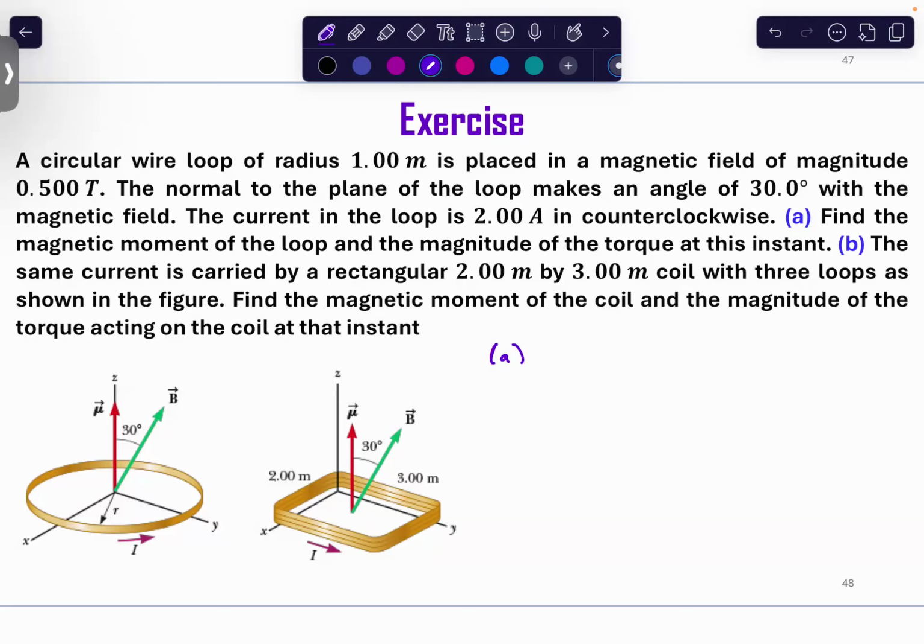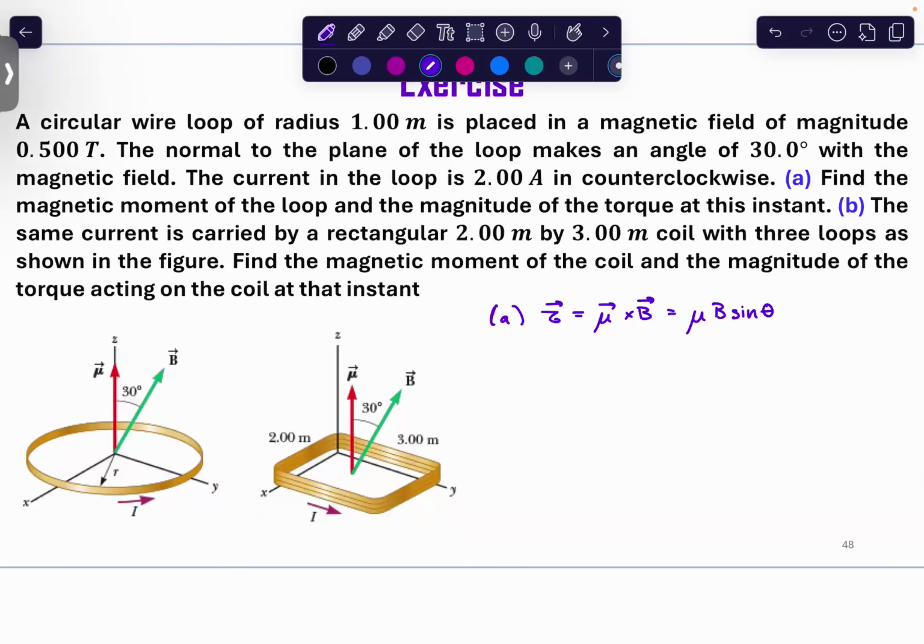So we know that torque, okay, so we need to know what that mu value is. And that's a single loop, so that's one loop.